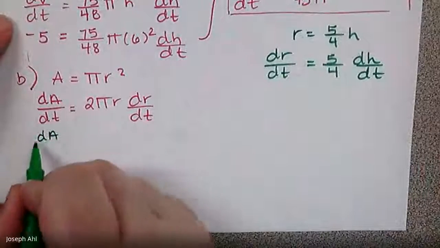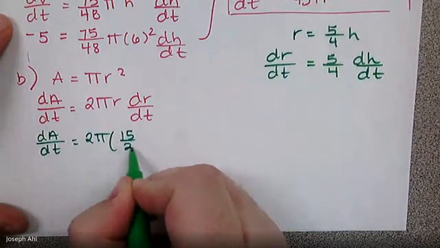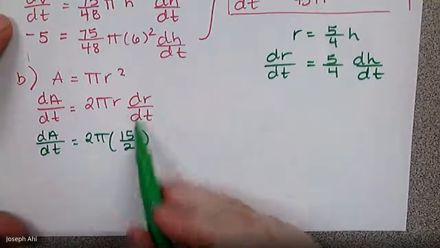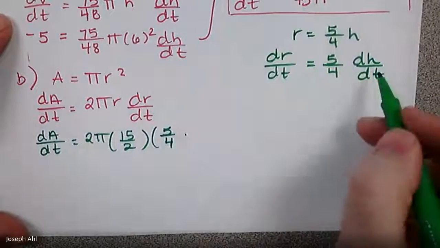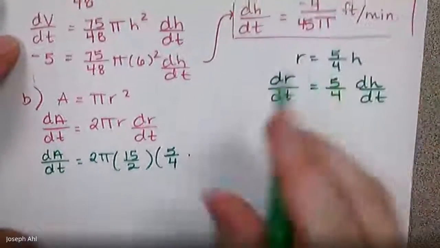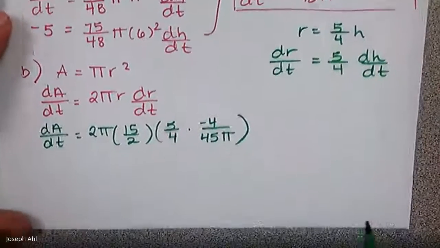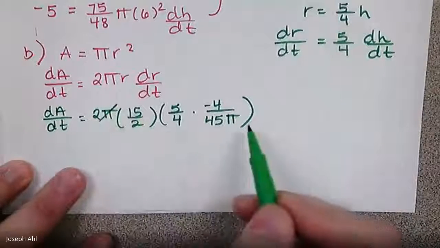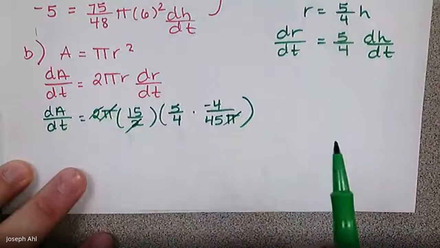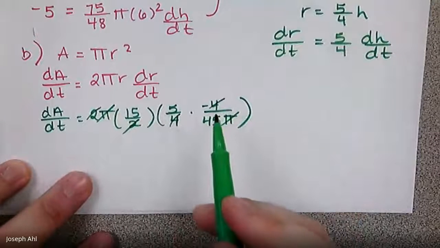So at this moment, when the height is 6, we know that the radius is 15 halves. And we know that dr/dt, according to this relationship, is 5/4 times dh/dt, which is -4/(45π). If you do a lot of canceling here, this π and this π go away, this 2 and this 2 go away, and this 4 and this 4 go away.